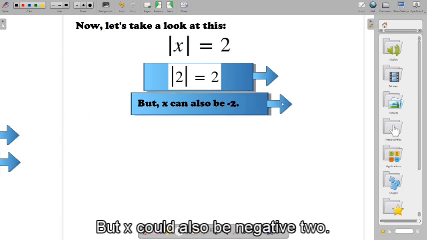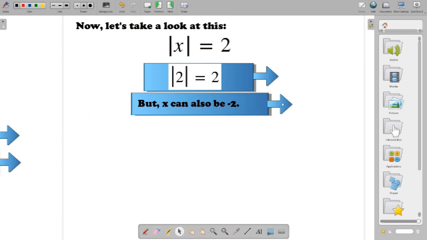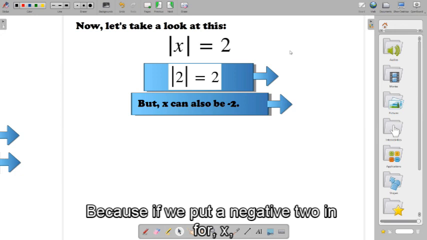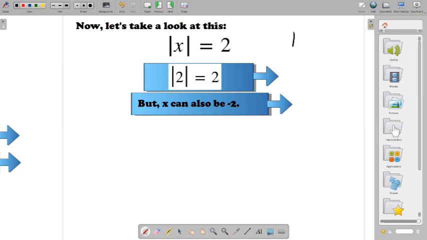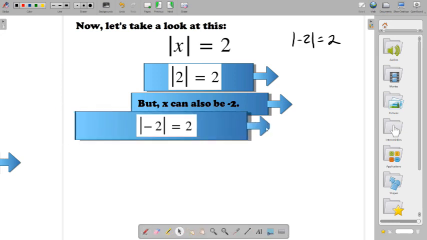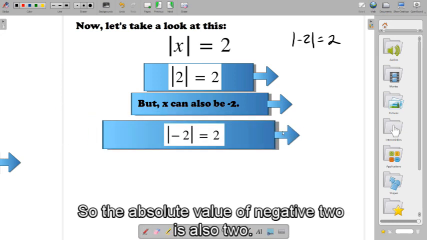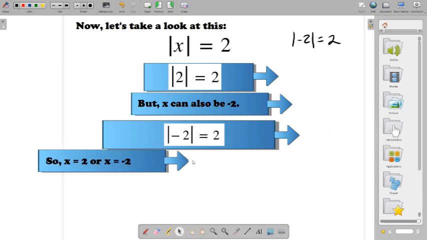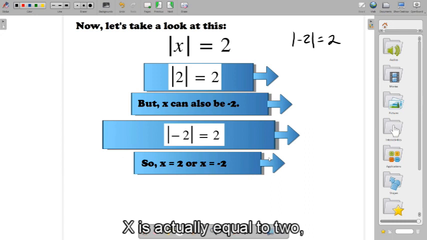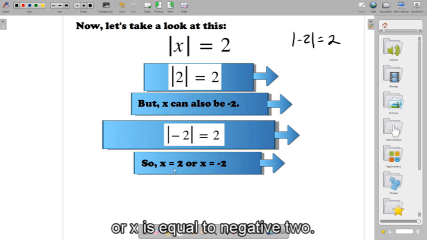But x could also be -2, because if we put a -2 in for x, we get +2 as the answer. So the absolute value of -2 is also 2. So x is actually equal to 2, or x is equal to -2.